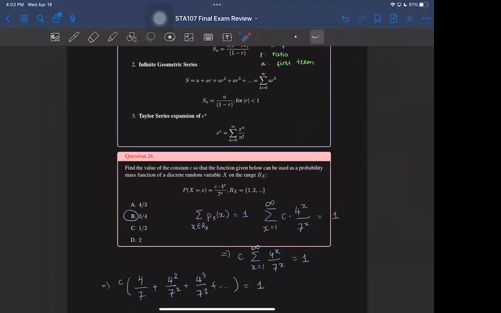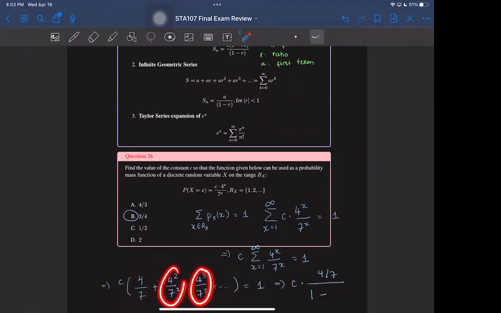So here we see that the series we have here is the same as the second series. So we can say the whole summation is equal to a, the first term, divided by 1 minus the ratio. The ratio is also 4/7, because 4/7 squared divided by 4/7 is 4/7.